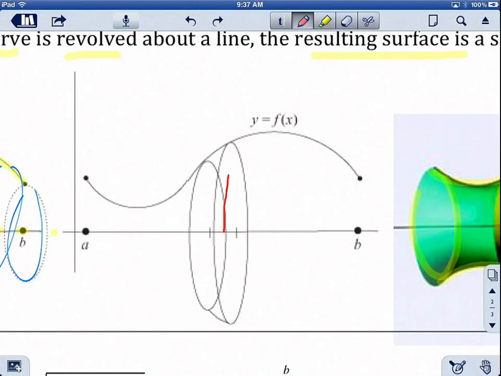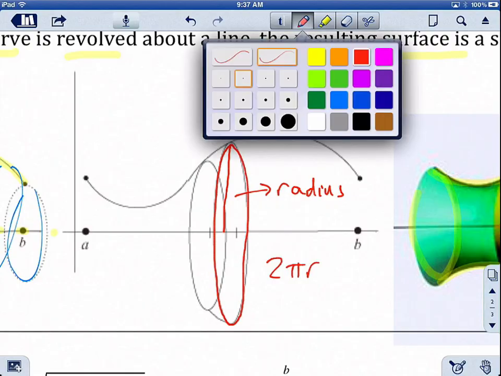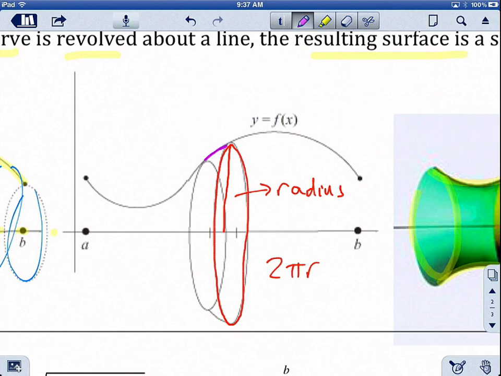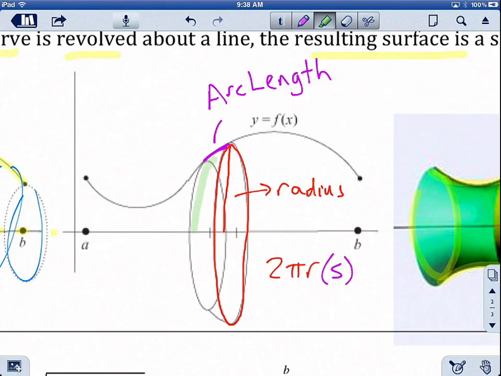In this strip, we do have a radius. And remember, we can do 2 pi r, and that's going to give me this entire length right here. And what happens is, if we multiply that by this arc length, which remember we had said was s, then we're actually finding all of the surface area of this strip.